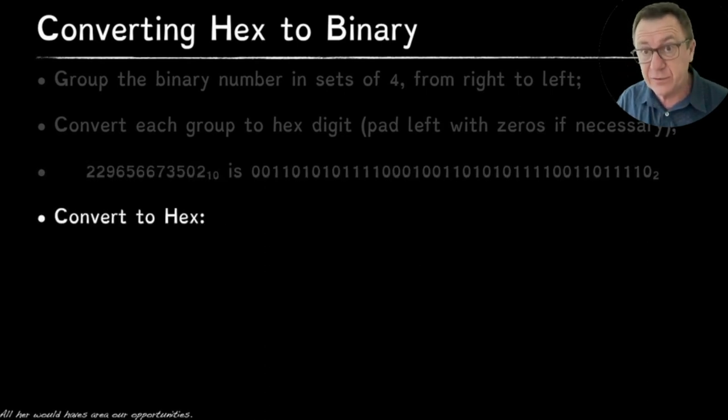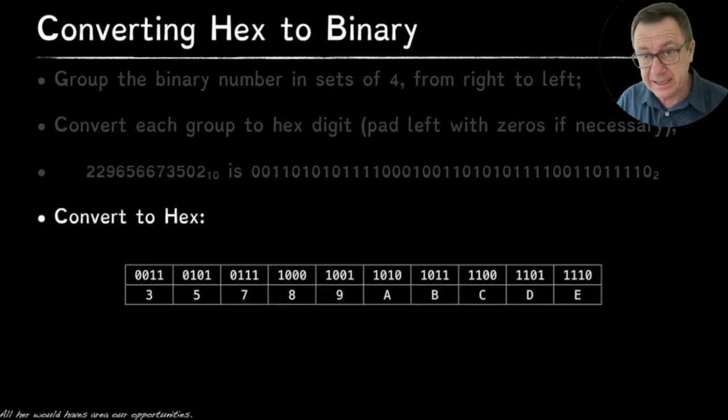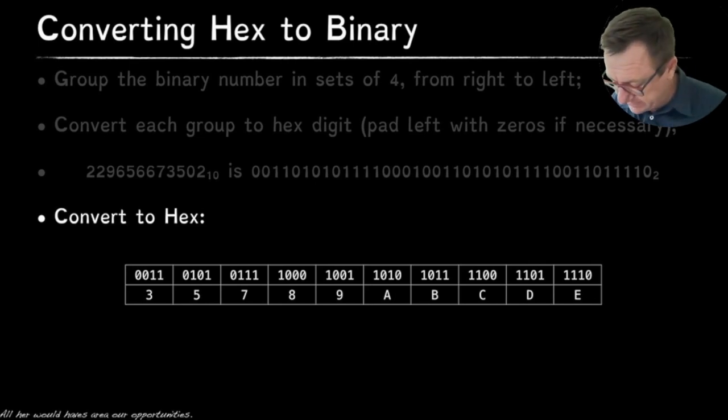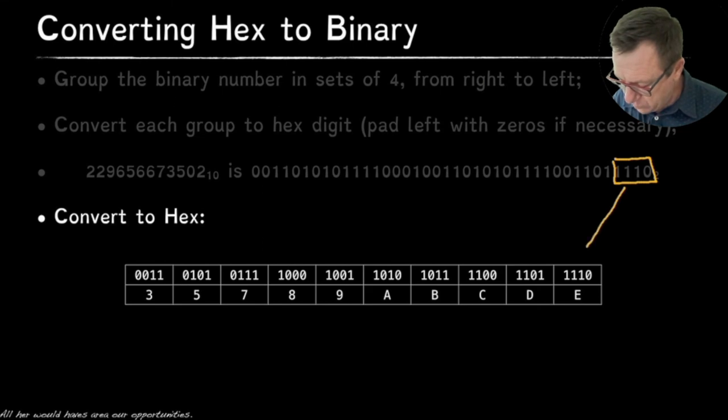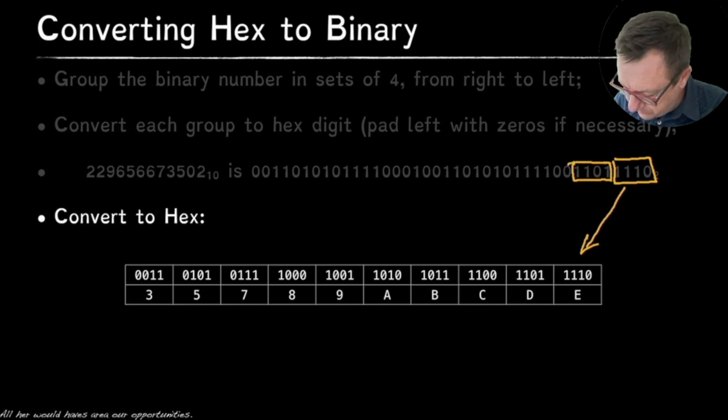So let's convert this binary number to hex. We take our 4 digits starting right to left, 1, 2, 3, 4, so those go there, and we repeat this the whole way along.